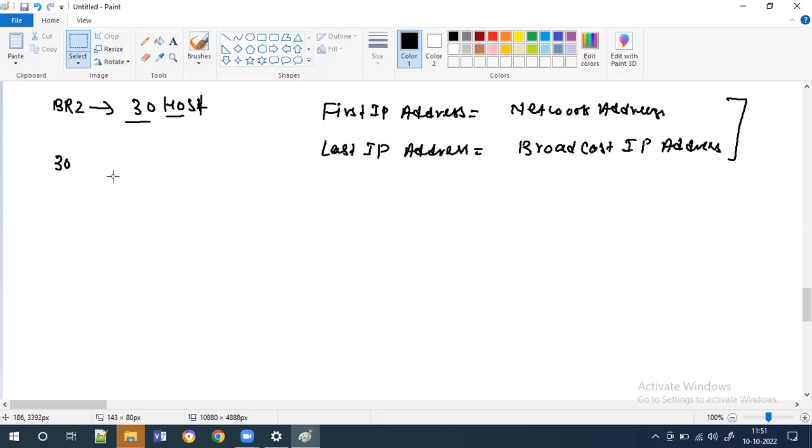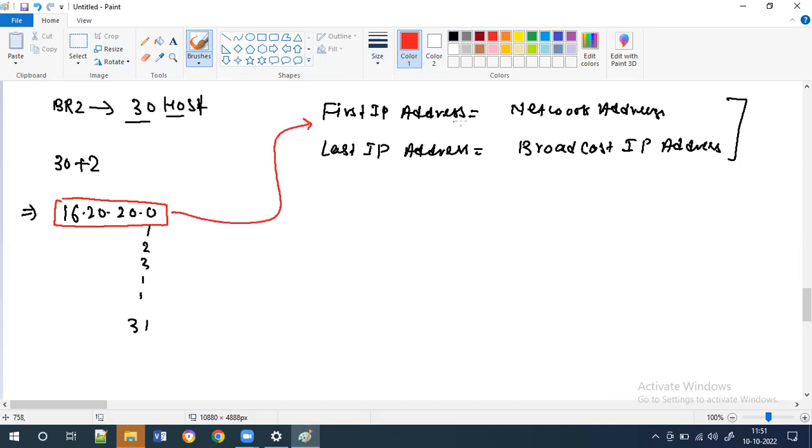Why do we add? Because the first IP address is the network address and the last IP address is the broadcast IP address. So if I pick the first subnet, 16.20.20.0 to 31, this IP address is the network address, meaning the first address, and this IP address is your last IP address, meaning the broadcast IP address.